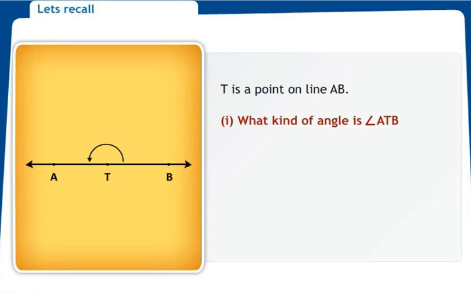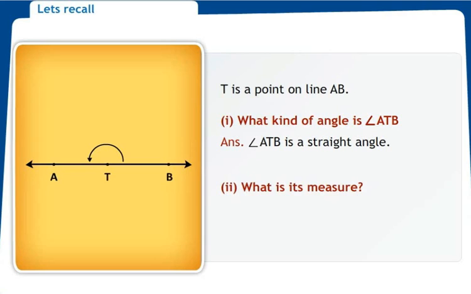So, angle ATB is a straight angle, and if we look at the diagram, what is its measure? If we keep the protractor, that is the 0, at point A, and measure till B, you will find the measure of angle ATB is equal to 180 degrees.